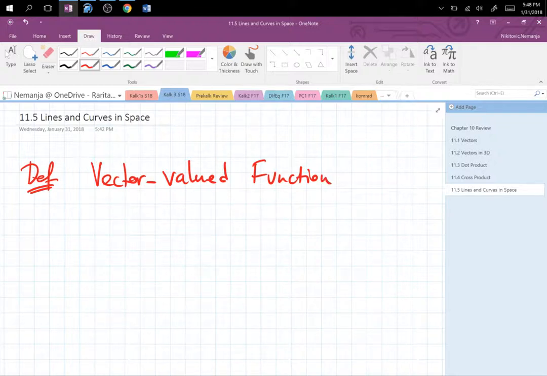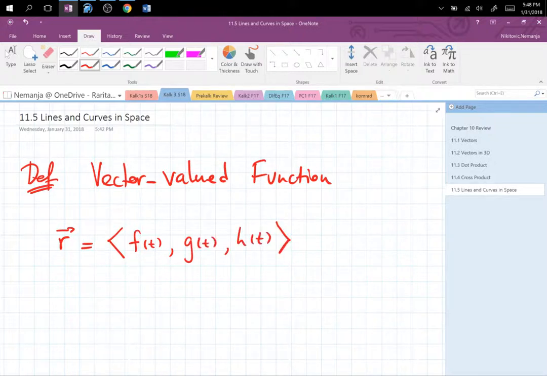So a vector valued function is going to be a vector, which is a collection of functions for each of the dimensions. So vector valued function R would be defined as a vector of f of t, g of t, and h of t, say for a three-dimensional vector valued function.